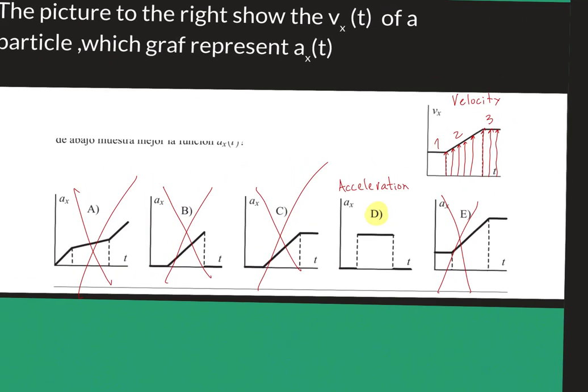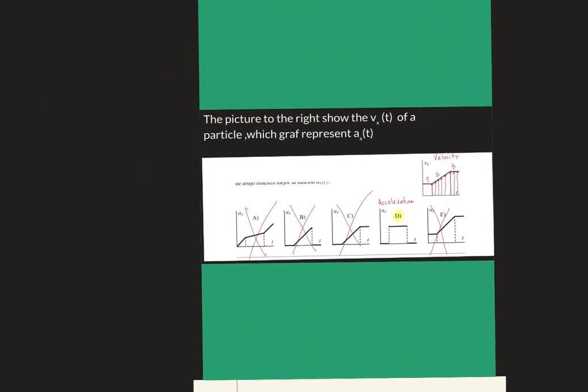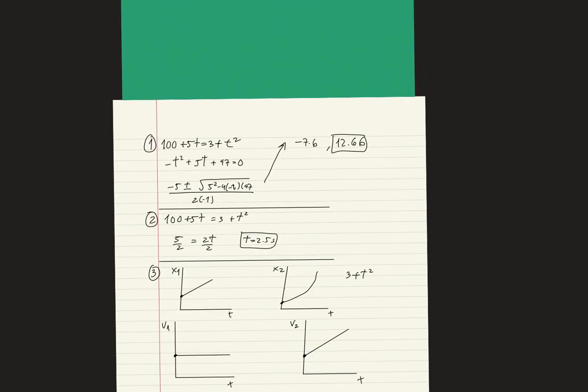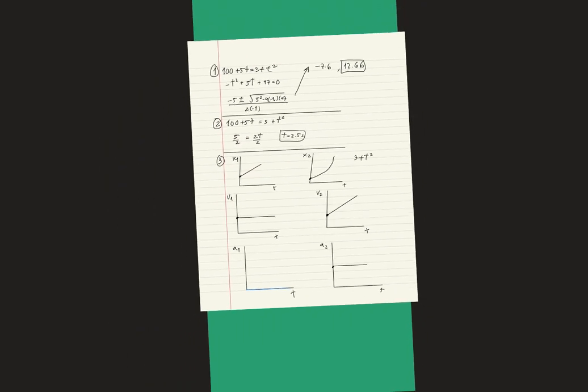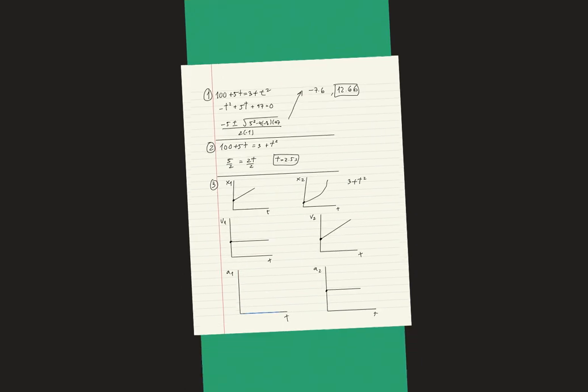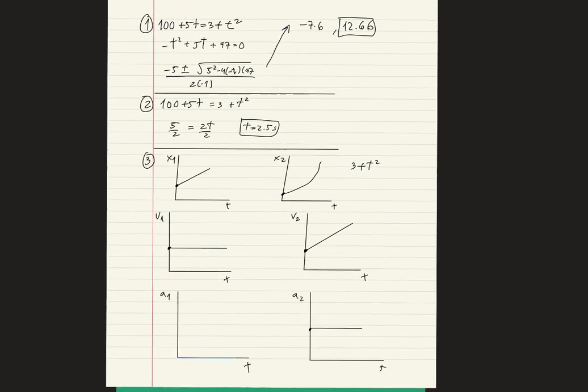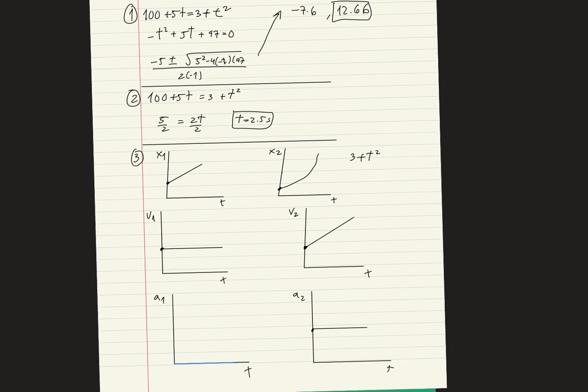So as in the other problem, which was number 1, we said that when the velocity is constant, the acceleration is 0.